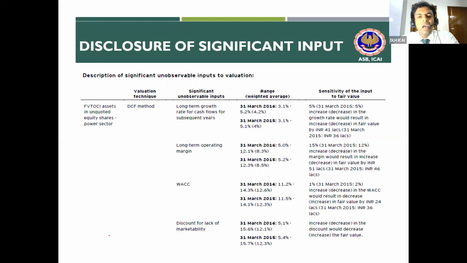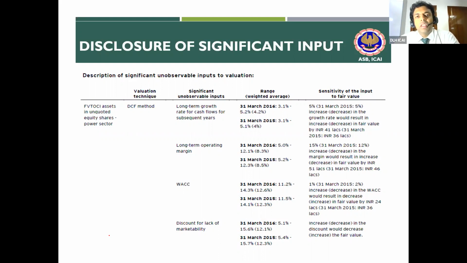Which technique? Right? And what are the assumptions which the company has taken in order to compute the fair valuation, right? For example, discount rate, for example, weighted average cost of capital, for example, long-term operating margin.